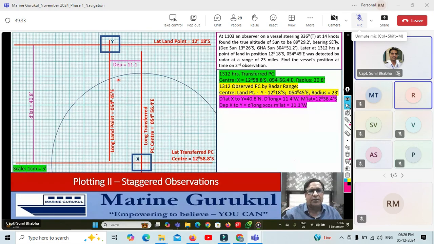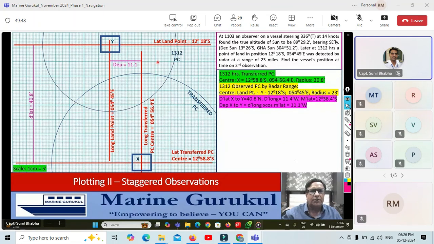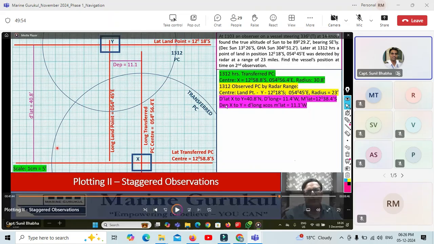Likewise, with Y as center and radius of 23 miles using the same scale, we draw the 1312 observed position circle. Both the position circles are on the plot now, transferred PC as well as observed PC. So any doubts up to here?